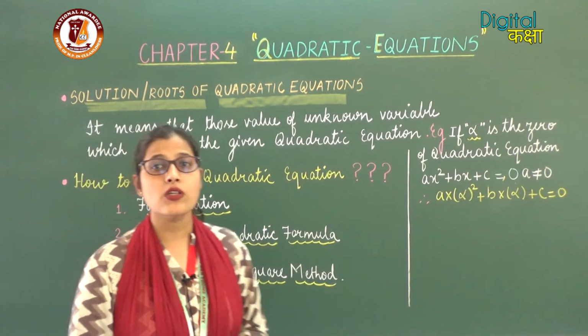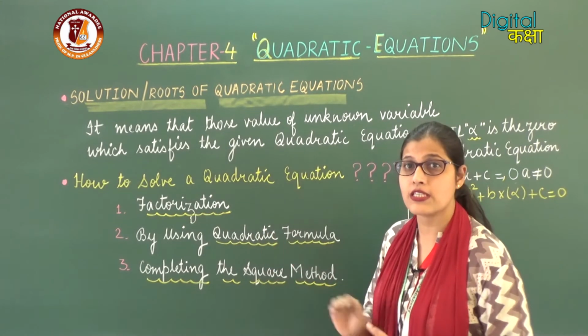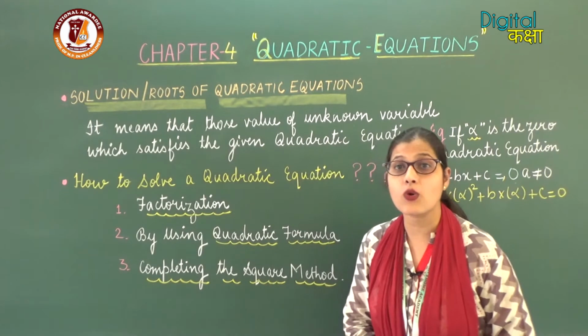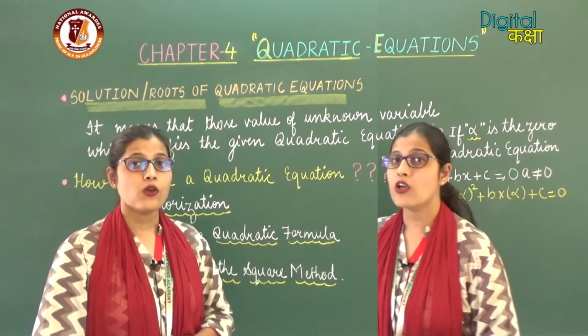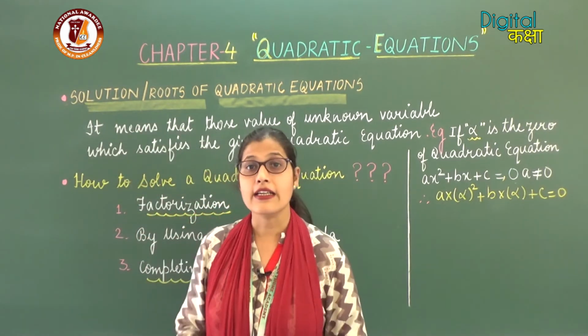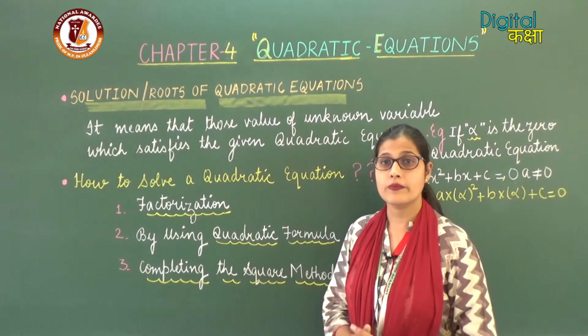In this chapter, we will be learning the first two methods only, which are by factorization and by using the quadratic formula. We will not be learning the third method as it has been omitted by CBSE.